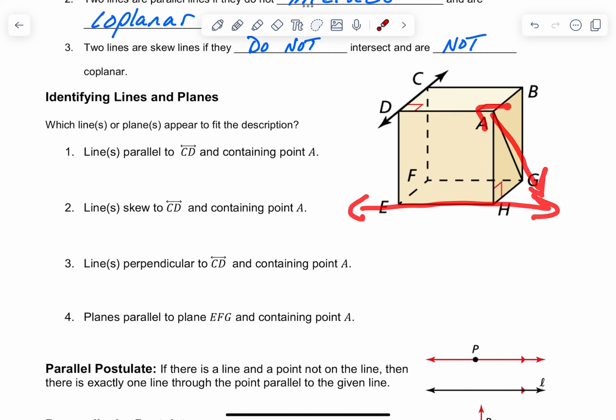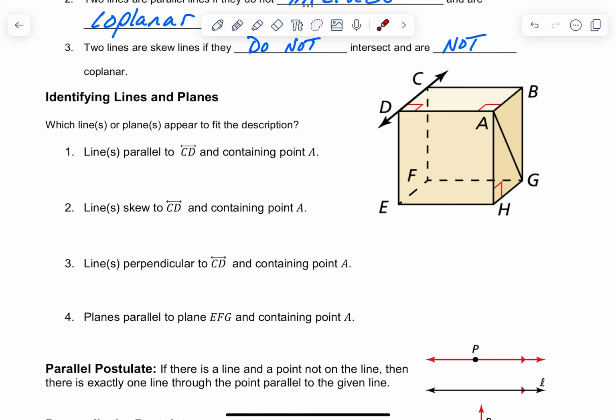That's the side of the cube. Those two lines would never intersect, and they are not on the same surface. AG would come through that front face of the cube. They do not lie completely on the same surface, therefore they are skew and not parallel.